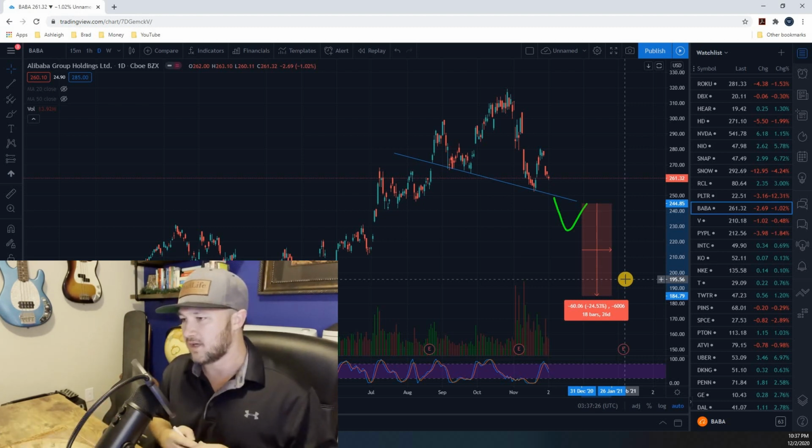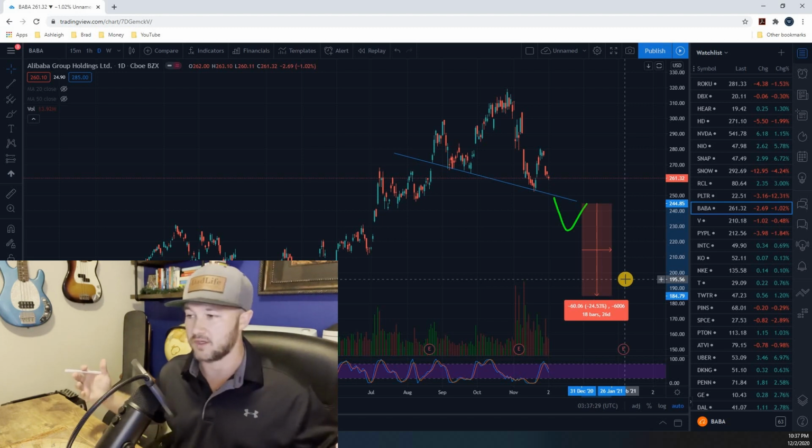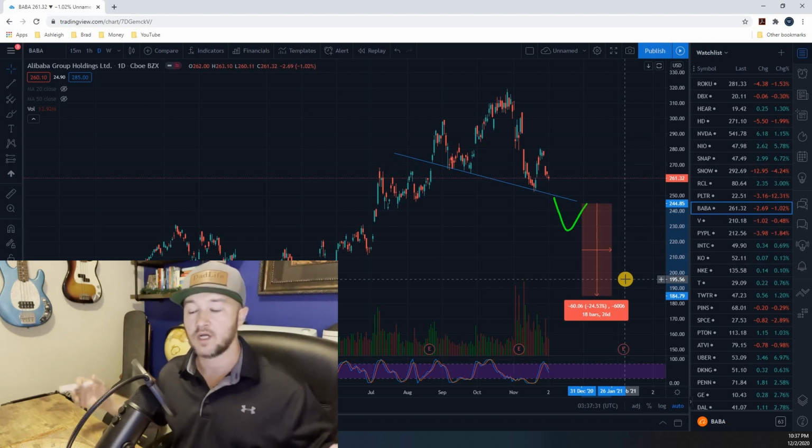That is my price target for Alibaba. I think we're heading lower. That said, I will wait for us to break below that neckline for confirmation.